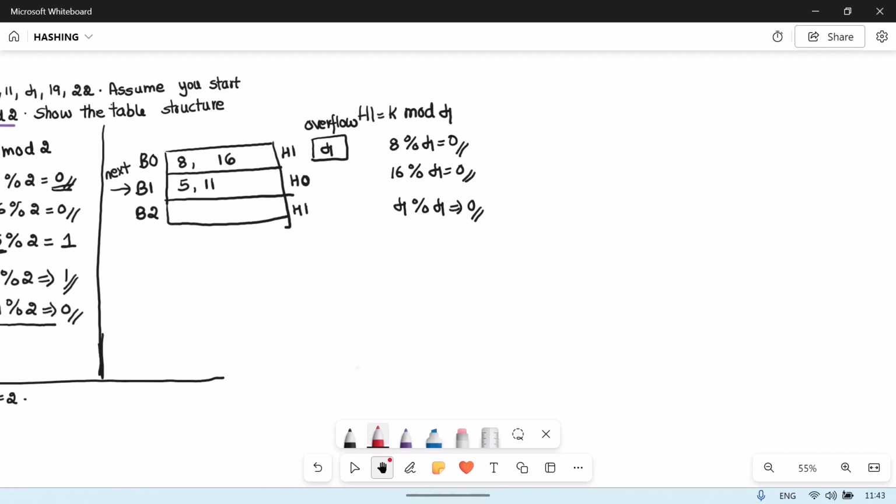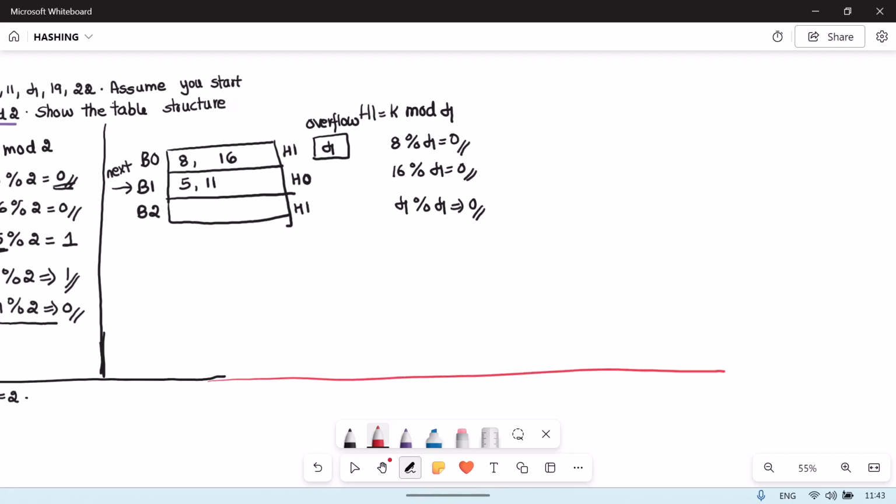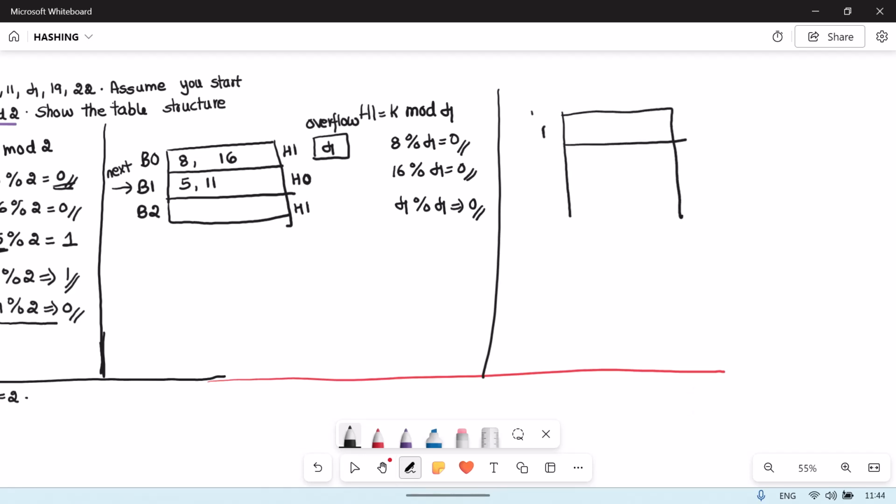So what are you going to do in the next step? Now there will be 4 rows: B0, B1, B2 and B3. Correct? Now it will become like this. B1 was split.